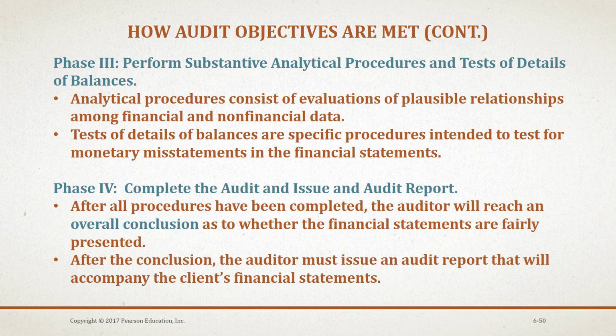We can also use substantive analytics during the audit. So for example, if we were auditing a school and the school had 100 kids at a $1 tuition rate, we would expect to hopefully see $100 sitting in the general ledger. That's a quick analytical.